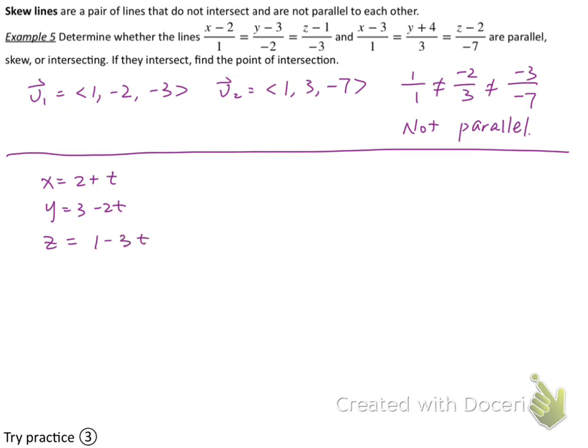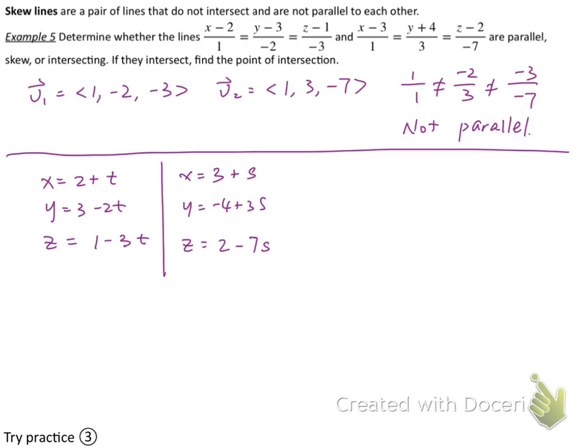These are my line 1 in parametric form. On the other hand, for my line 2, I can't use t anymore, because the t are not the same, so I'm going to use s. x equals 3 plus s, y equals -4 plus 3s, and z equals 2 minus 7s.